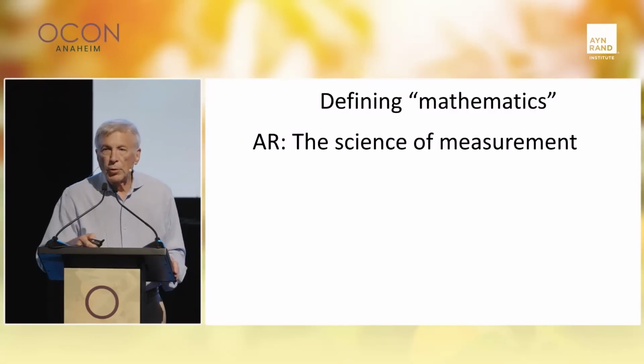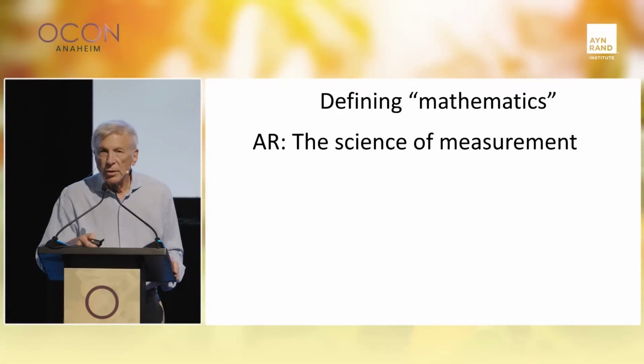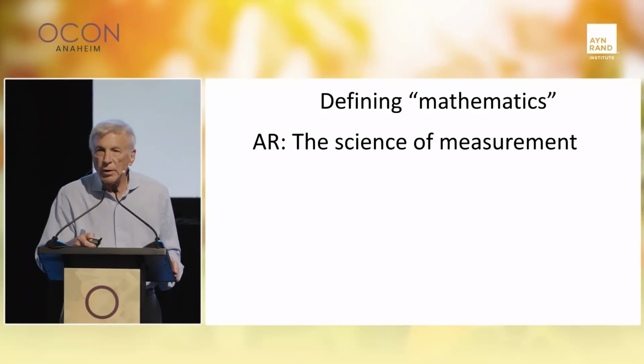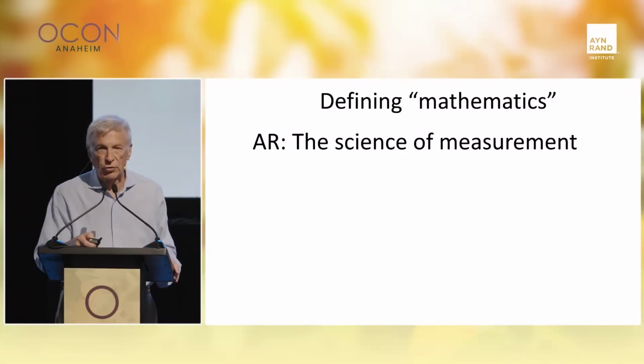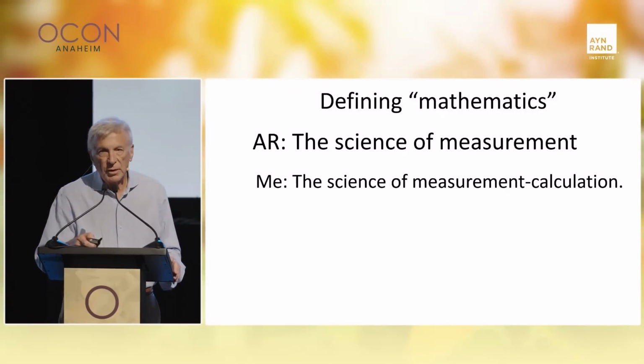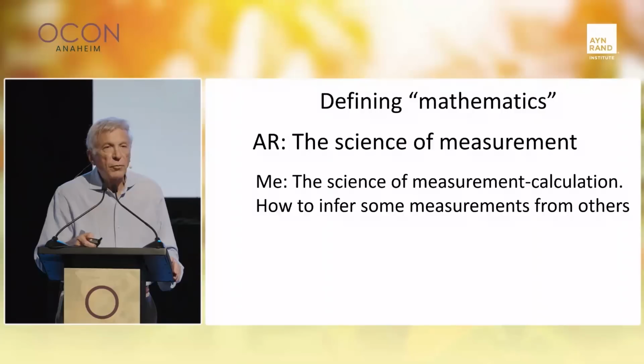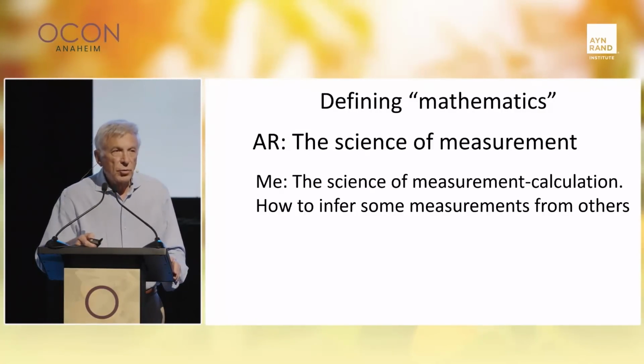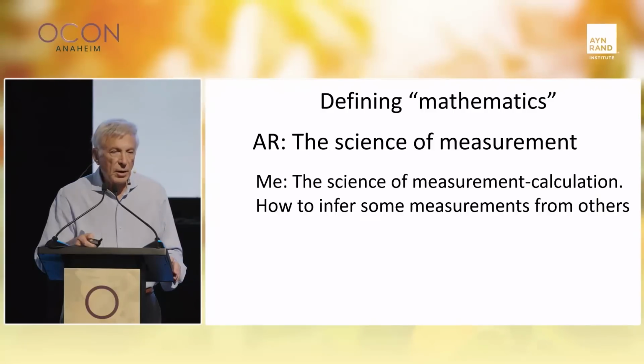That always troubled me because it's not the science of how to make rulers or how to construct a balance beam scale. It's not the science of how you measure, but it is a science of measurement calculation. It's a science of inferring some measurements from others. You indirectly measure a thing by measuring other things and then applying formulas to it to figure out what the unknown is.